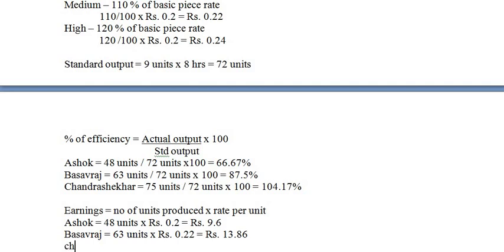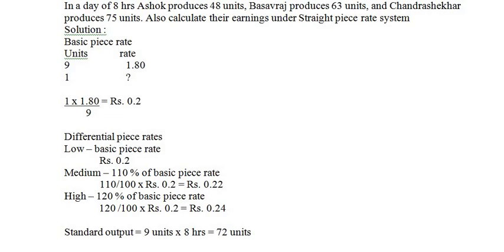Next worker is Chandrasekhar. He has produced 75 units. His efficiency level is 104.17%, wherein high piece rate is applicable. High piece rate is 120% of basic piece rate, that is rupees 0.24, which is equal to rupees 18. So this is earnings under Merrick's differential piece rate.